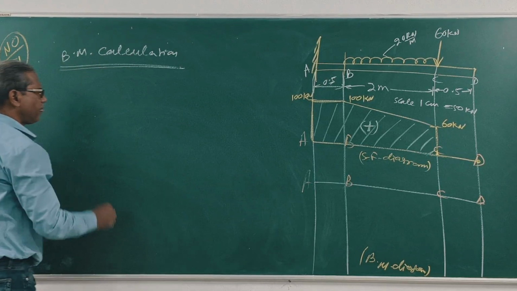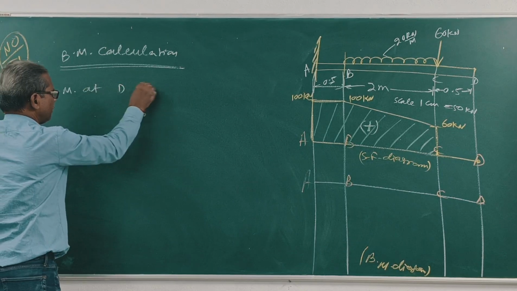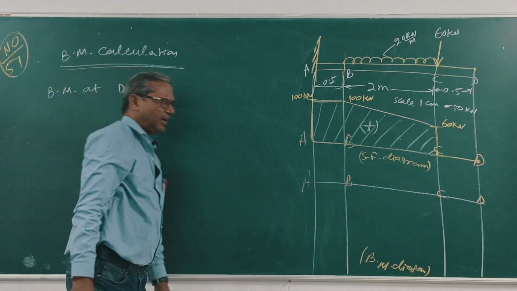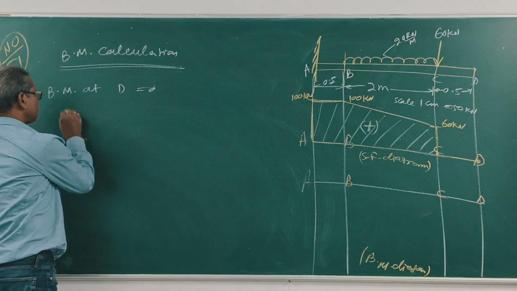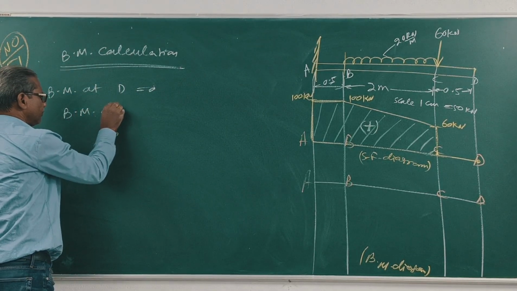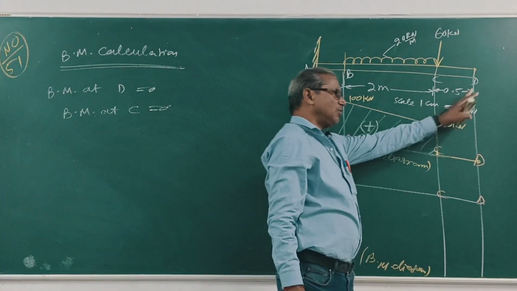BM calculation. At D, BM at D is 0, right? At C also 0. D 0, C 0.